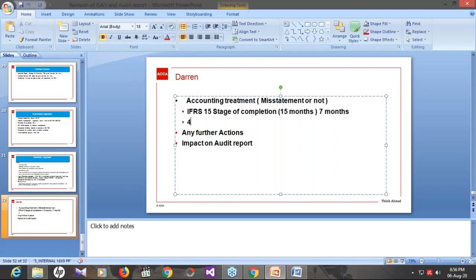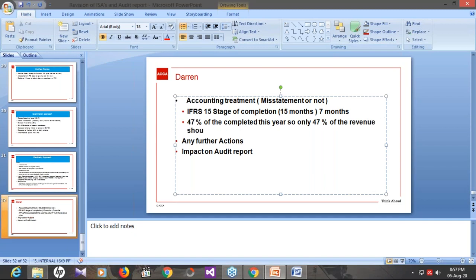So 47% of the project was completed this year, and only 47% of the revenue should be recognized this year.